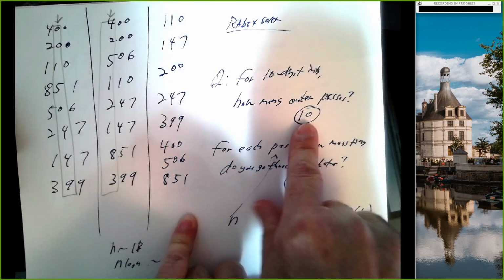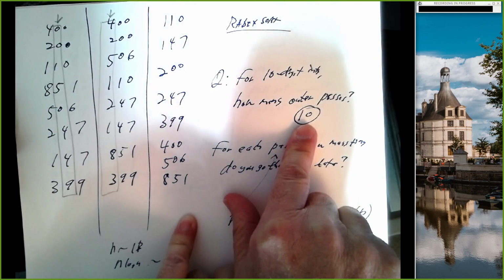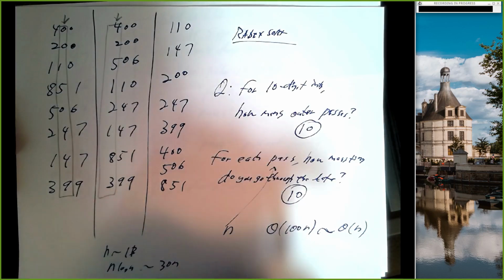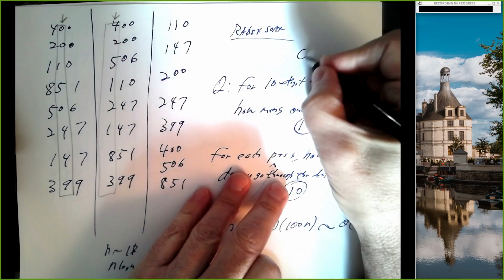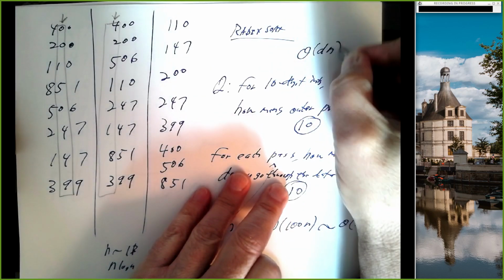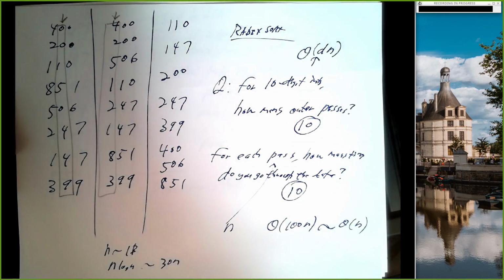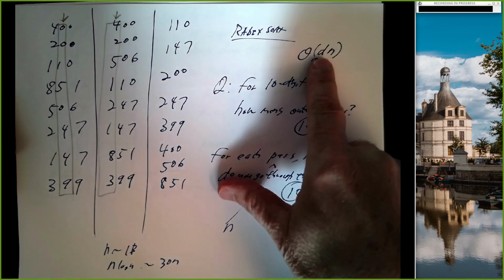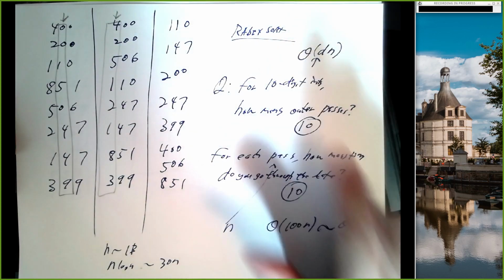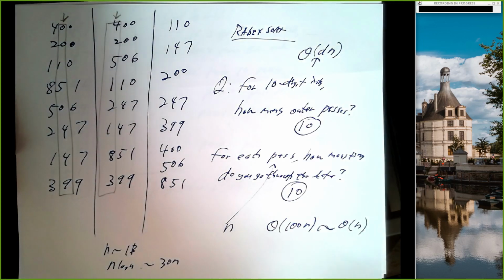But this actually depends on the number of digits. So this is actually order dn, where d is the number of digits in our numbers. And as n grows, this also grows. And the number of digits is basically log n.